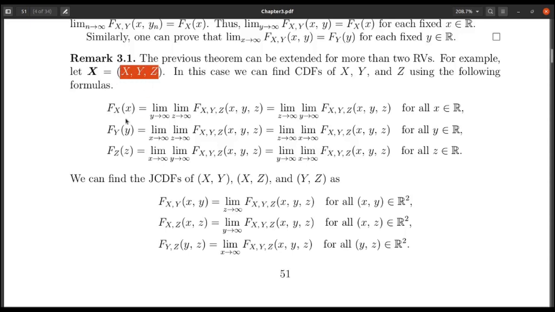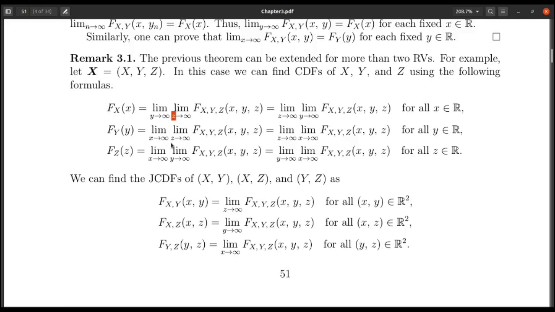In this case, suppose I try to find out the cumulative distribution function of x. Then what I have to do? I have to take the limit with respect to the rest, that is y and z. Again, the idea is the same: if y and z go to infinity, that basically means the whole range of y and the whole range of z are covered, and I am only left with capital X is less than or equal to small x.